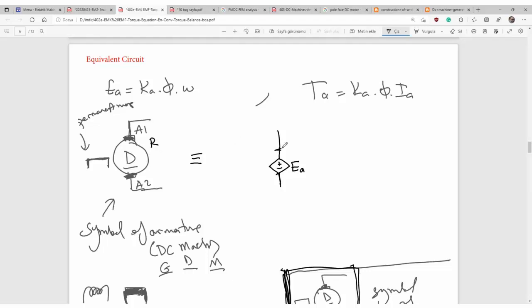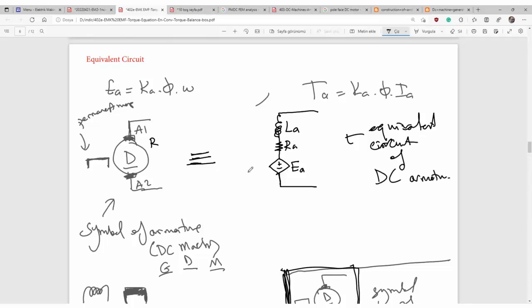Yes, this is the resistance of the armature coil. Here will be some inductance of the armature coil. So that is the representation, or equivalent circuit, of the DC armature.